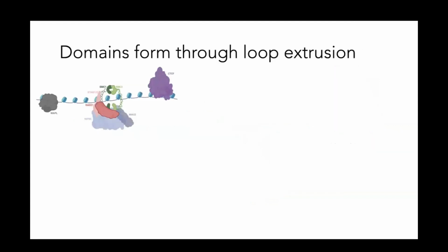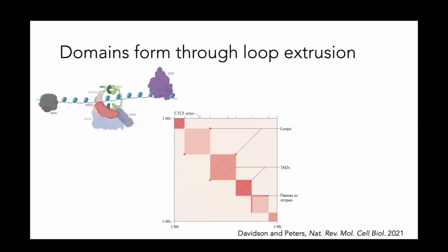The prevailing model for how this works is a process called loop extrusion. This is basically a cartoon of these TADs and loops. The idea is that cohesin will bind to a piece of DNA and begin to form a small loop. This will progressively enlarge until it encounters a CTCF binding site, where CTCF is oriented in a particular manner such that the N terminus of the CTCF protein faces an oncoming cohesin molecule, and that somehow arrests this.